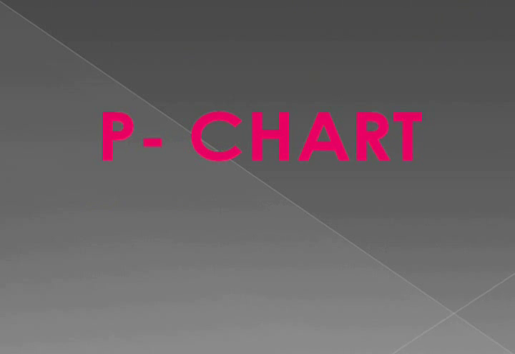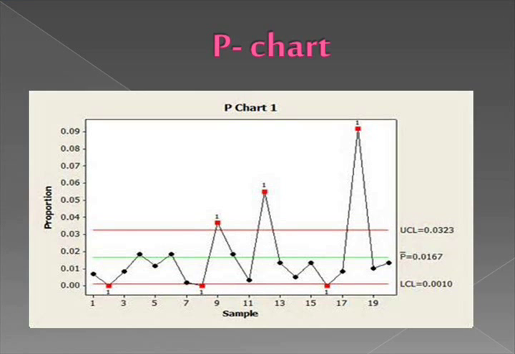A P chart is a type of control chart used to monitor the proportion of nonconforming units in a sample, while the sample proportion nonconforming is defined as the ratio of the number of nonconforming units to the sample size.